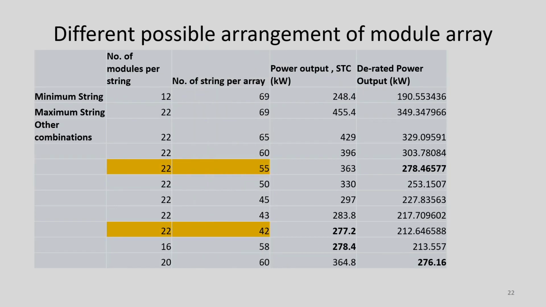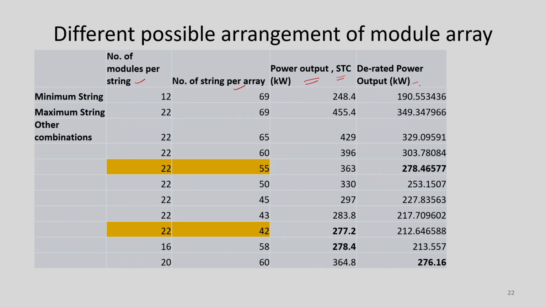I have already prepared this table showing possible arrangements of the number of modules per string and strings per array at two different power outputs: one at standard test condition and the other at the rated power output.